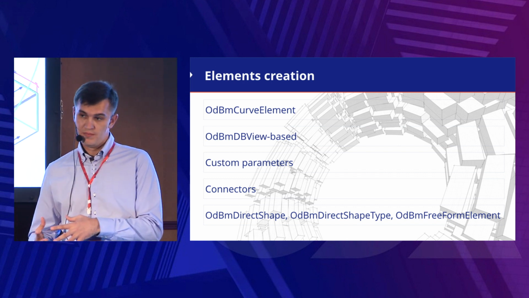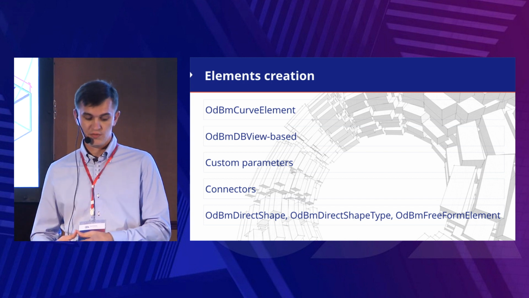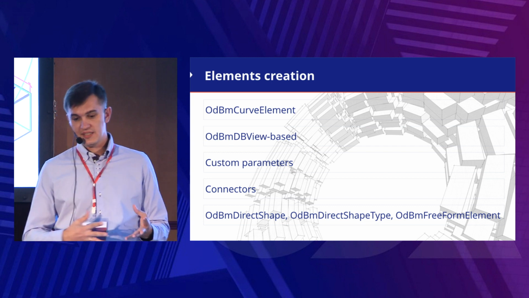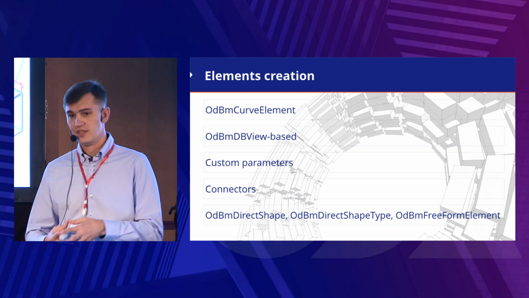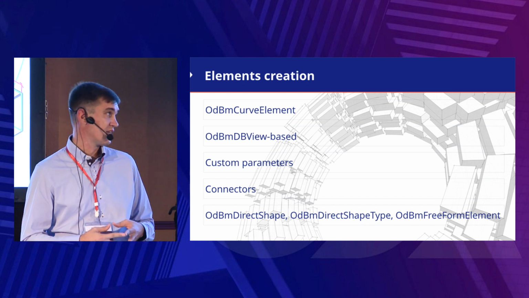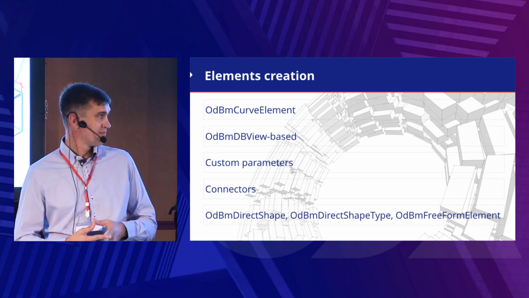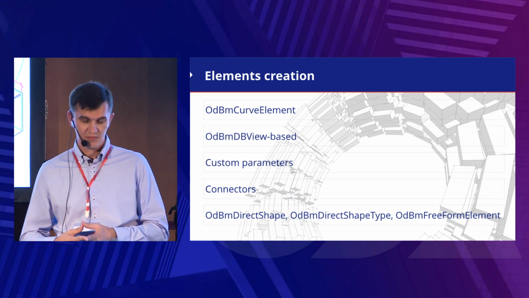We can add them to an RFA model file, and also we can add them to a family. We can also create connectors. Connectors are used in areas like heating, ventilation, air conditioning, and the example you can see on the right side of the screen. Currently, we also have the possibility to create such elements.